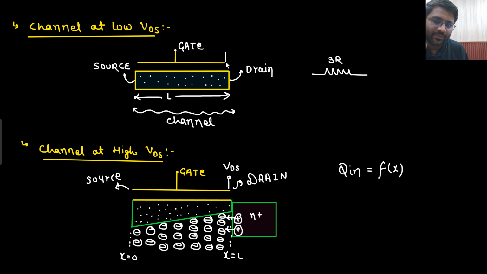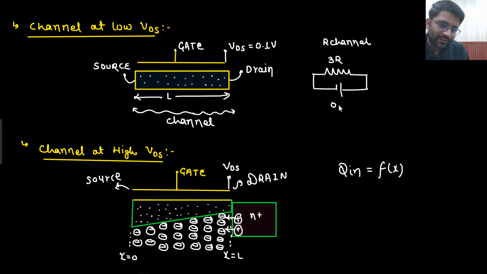Let's just say this VDS was 0.1 volt, right? So here you had a VDS potential which was 0.1 volt. This is your R channel. VDS was 0.1 volt. So what will be the current?